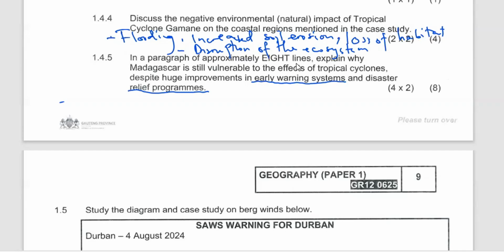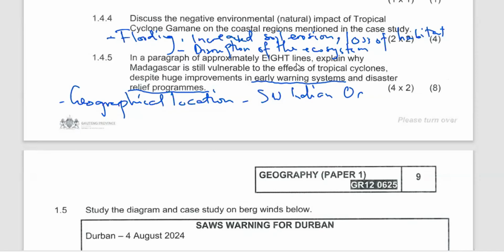So what might be the implication? Right. We can talk of the geographical location of Madagascar. Where is it located? We are seeing that Madagascar is located on the southwestern Indian Ocean basin. This area is prone to natural disasters like the tropical cyclones.